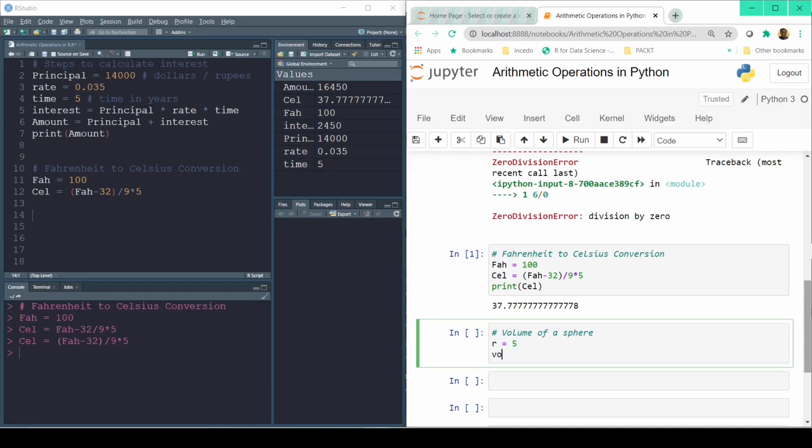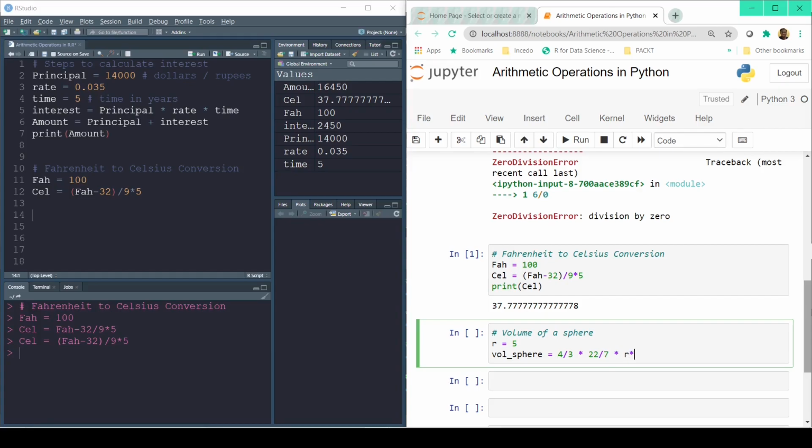So volume of sphere is equal to 4 divided by 3 into, so right now since we do not know how to use pi in Python, there is an option in Python as well to use pi, but since right now we have not learned that, let us use 22 divided by 7. 4 by 3 pi into r cube.